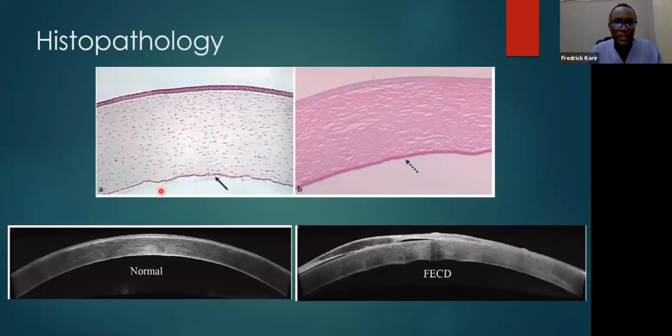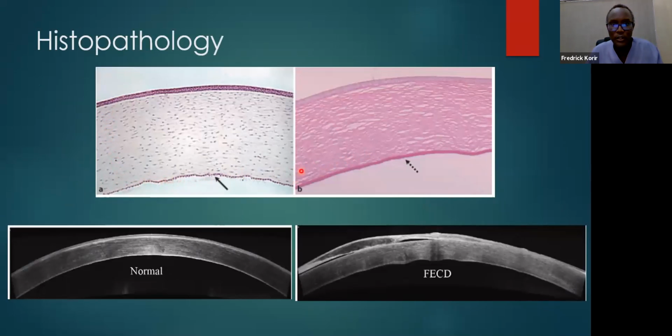When you look at a patient who has Fuchs dystrophy, to the left of your screen you have a normal cross-section of histology of a cornea. You have the epithelium there, stroma, and then a monolayer of endothelial cells. So this is normal.